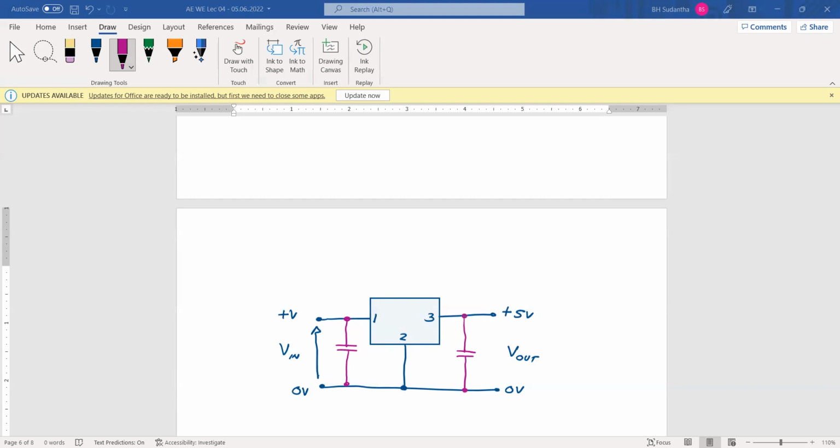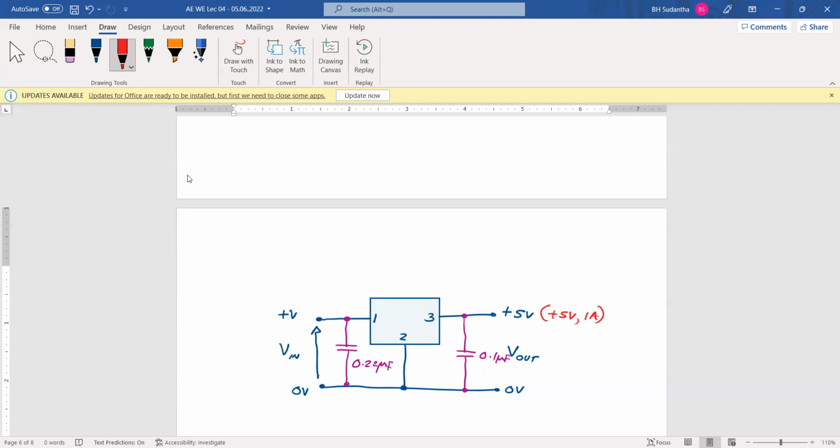Those capacitors are also not very expensive. We can use very small values. This may be 0.1 microfarad, and this may be 0.22 microfarad, like that. Then from this point you can receive 5 volts, maximum 1 ampere current.